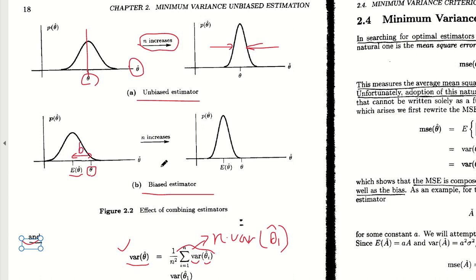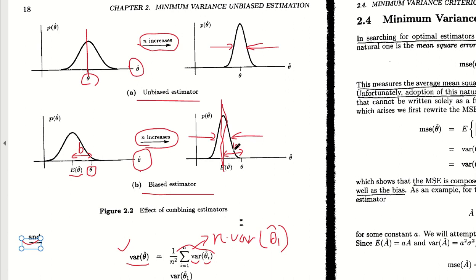If you have multiple estimators and you combine them together, as they increase, you get it more concentrated too, but it's concentrated around a value that still has deviation b. The expectation of theta hat doesn't go to theta.